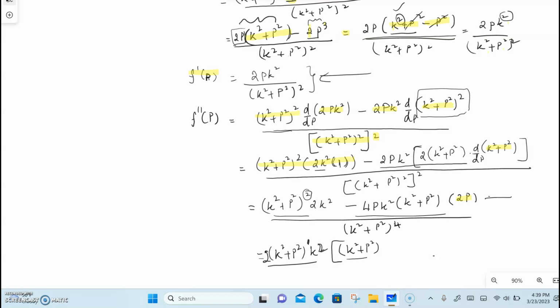Now in the second expression, the 2 is factored out, the k squared is factored out. So we're left with minus 4p times p, which is 4p squared, times k squared plus p squared.